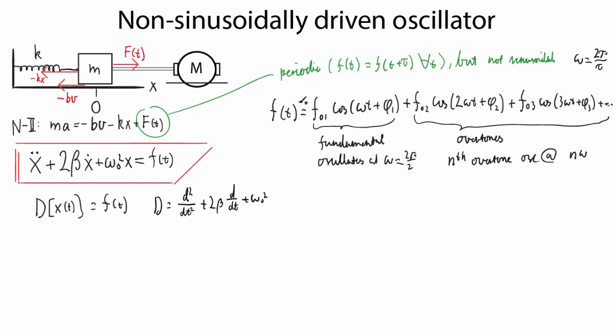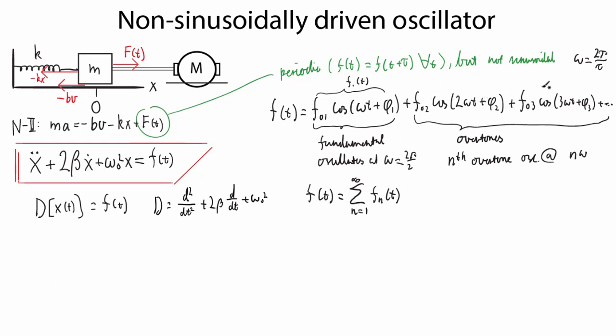Now, because we can do the Fourier decomposition here, we can also write that f of t is equal to the sum of n from 1 to infinity of f_n of t. So this first one here is f1 of t, that's the fundamental.